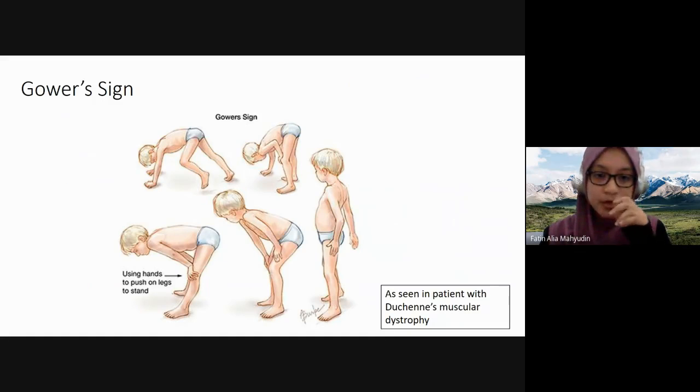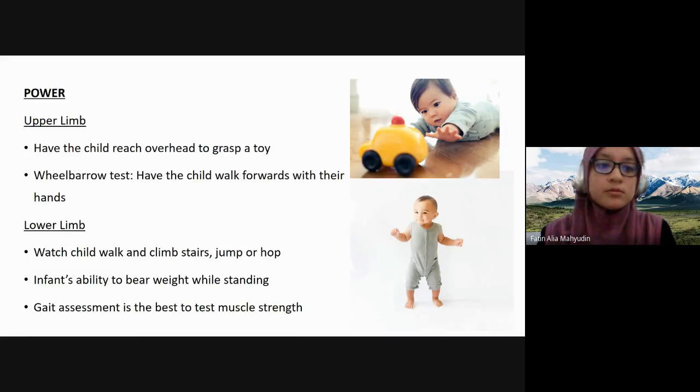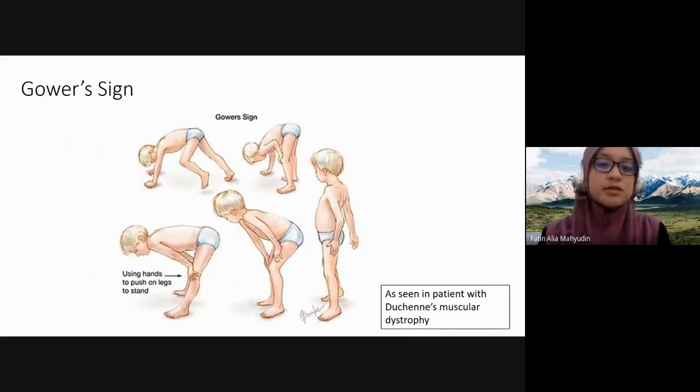And of course, in pediatrics, we have to assess a special sign known as Gower's sign. So how do we actually do it? Of course, we have to ask if the child can stand. If they say yes, we ask the child to lie supine and to stand up as quickly as possible.